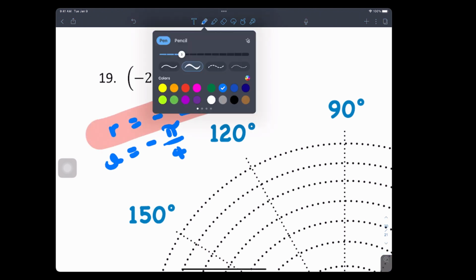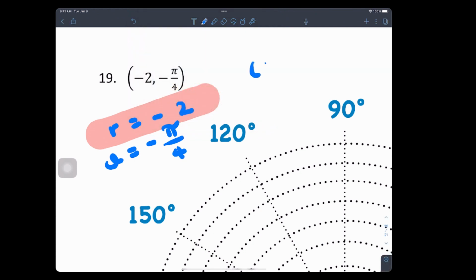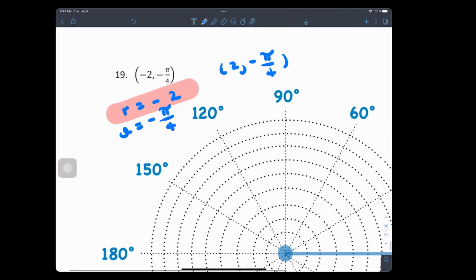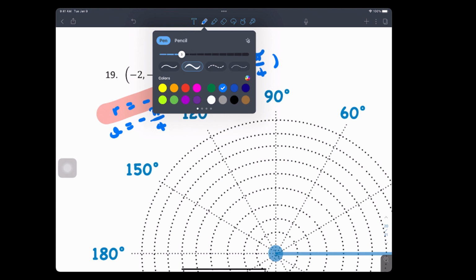Negative radius again. You always plot the positive radius with the angle, even if the angle is negative. So what is a negative pi over 4? Isn't that negative 45 degrees? You guys know what I mean?